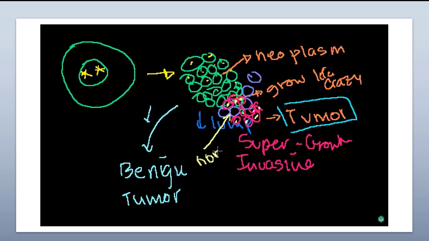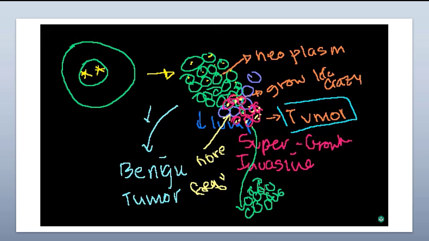As these replicate, more and more mutations appear, and eventually one of the mutations might allow these cells to break off and travel to other parts of the body, and start taking over all of the cells there.